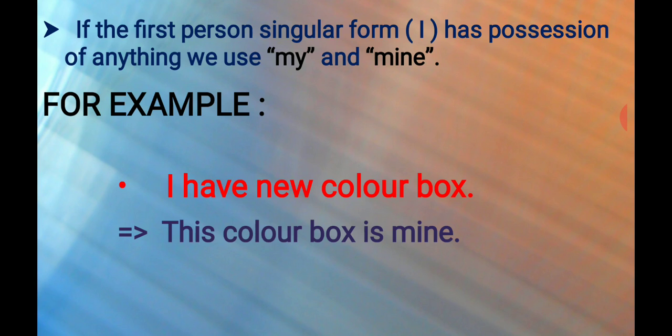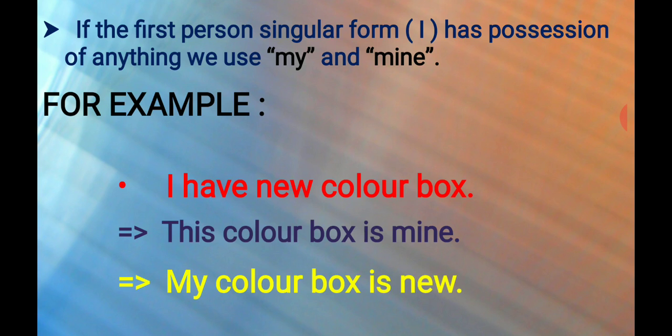What will we say? This color box is mine. The word mine shows the possession, the ownership of the color box, and it indicates the color box is mine. And another way: my color box is new.